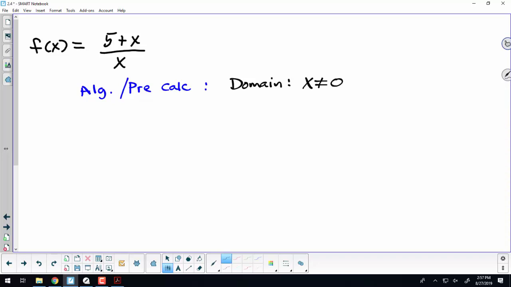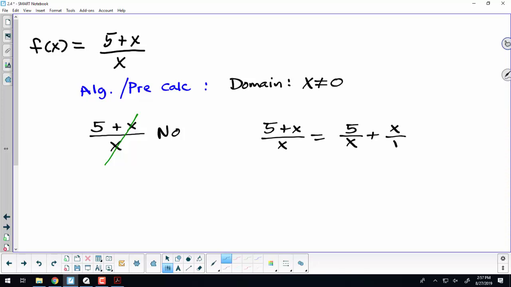Okay. Please don't make the mistake. I see this a lot. Hopefully it doesn't happen in this class. But this doesn't cancel with this. You've got to keep that straight. 5 plus x over x is 5 over x plus x over x.